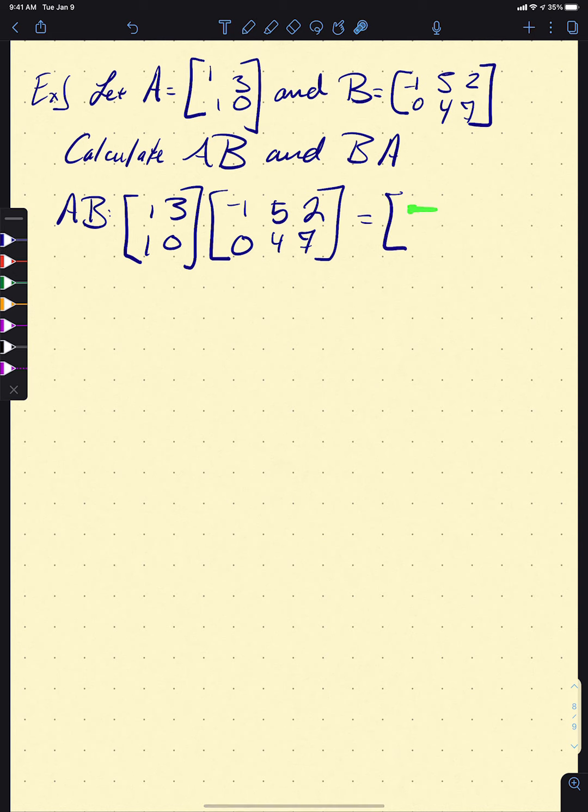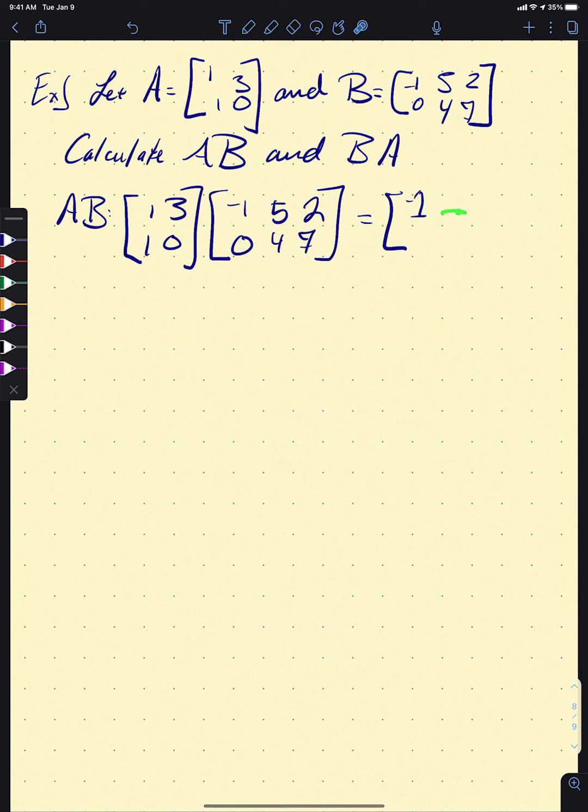Okay, so how do we find this element here? This is the 1, 1 element, so it involves taking the inner product of the first row of A and the first column of B. So it's going to be 1 times negative 1, which is negative 1, plus 3 times 0, for a total of negative 1.